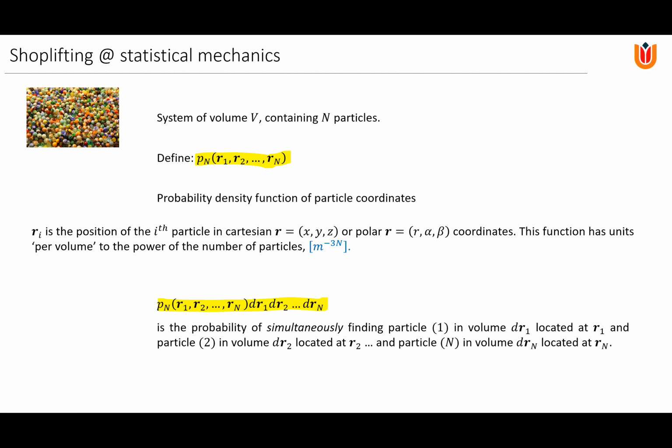And if you multiply the probability density with dR1, dR2, etc., what you then calculate is the probability of simultaneously finding particle 1 in volume dR1 located at R1, and particle 2 in volume dR2 located at R2, etc. Joint probabilities.